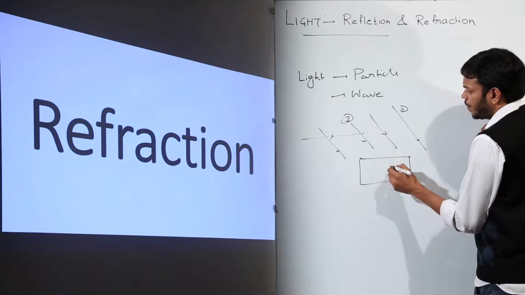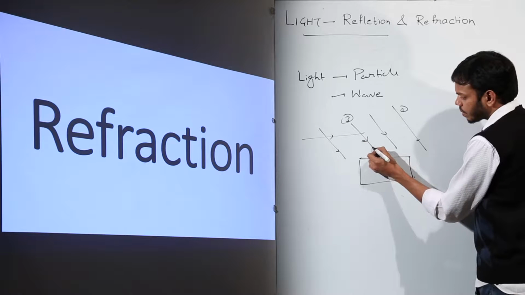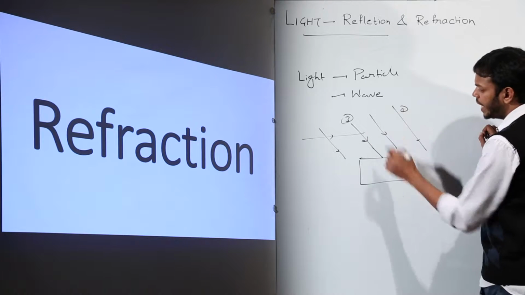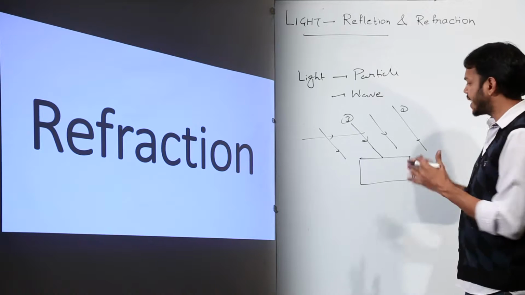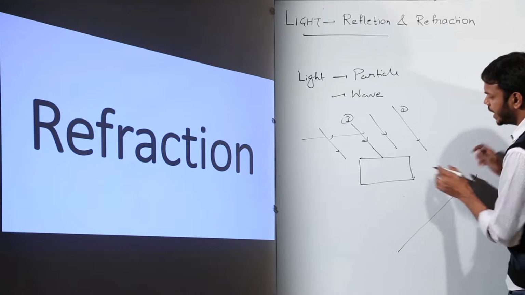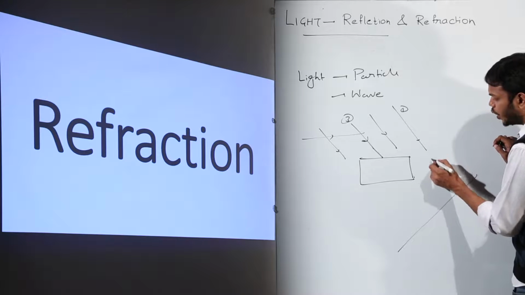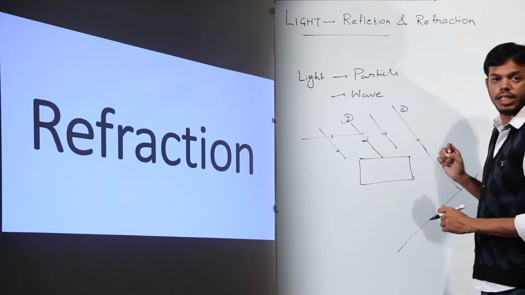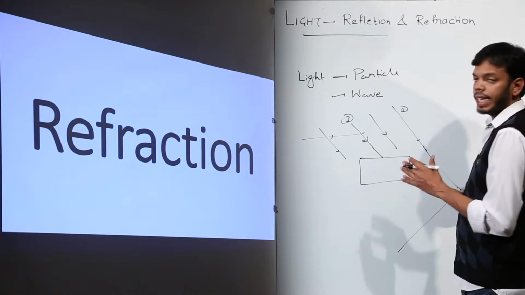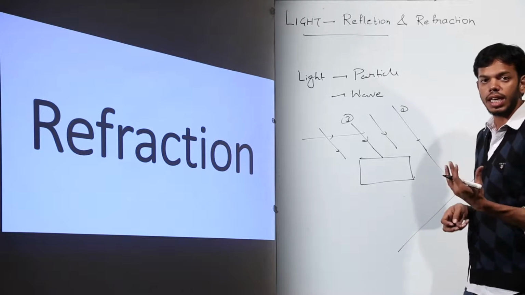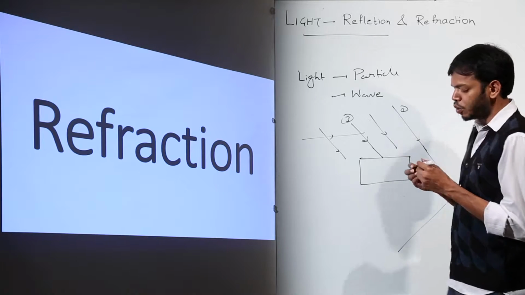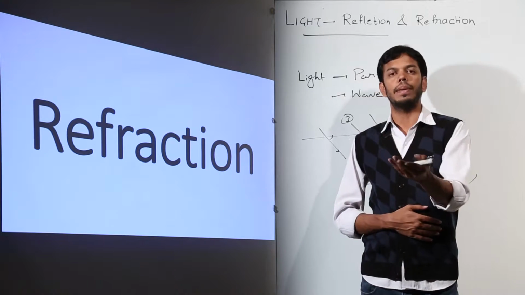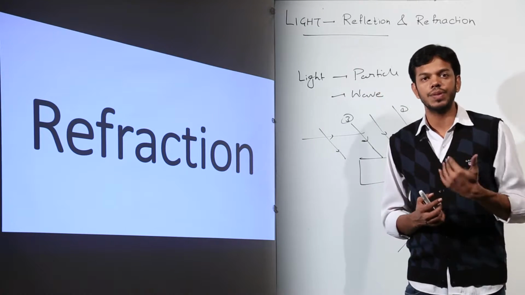Ray number 1 does not experience any kind of denser medium on its way. So ray number 1 is going straight up to its destination, whereas ray number 3 now experiences a denser medium which is a glass slab. Now according to particle nature, suppose I run from this point to the camera, I'll have some speed.